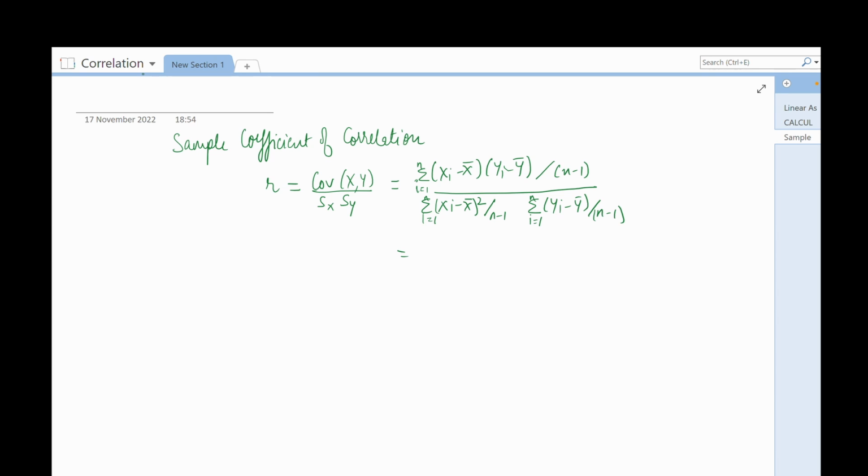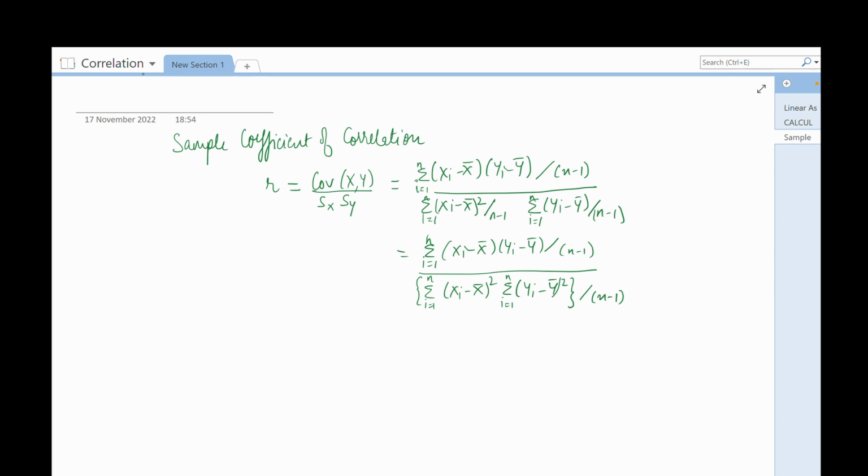Writing it again, we get sigma i equals 1 to n, xi minus x bar into yi minus y bar, upon n minus 1, whole upon the whole bracket of sigma i equals 1 to n, xi minus x bar square, into sigma i equals 1 to n, yi minus y bar whole square, whole bracket upon n minus 1.